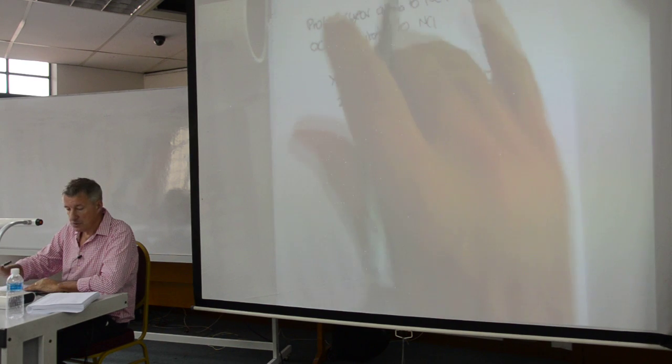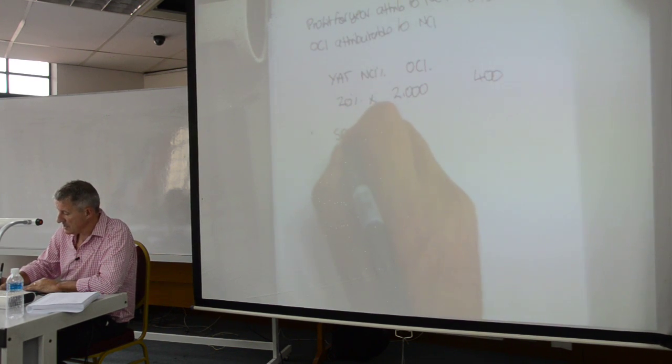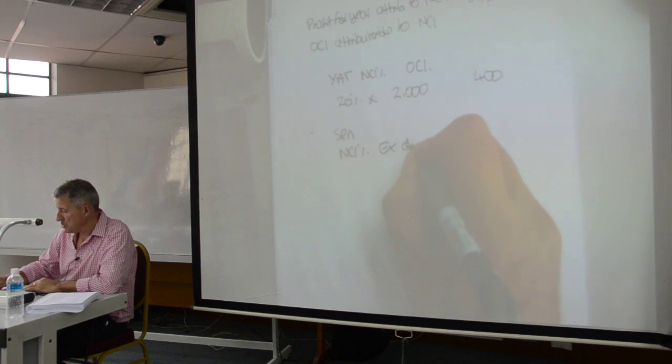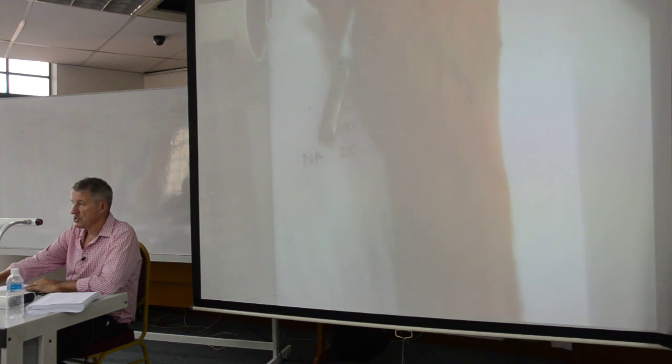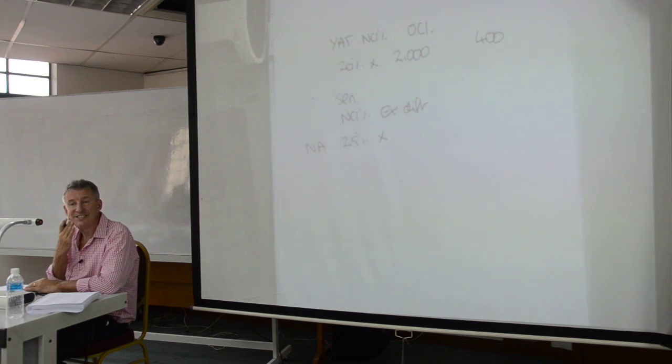So some of that will belong to the NCI. So here we have SEN, and this is going to be the NCI percentage in the exchange difference. Now, it's there in respect of the net assets. I can't remember how much the exchange loss was on the net assets.